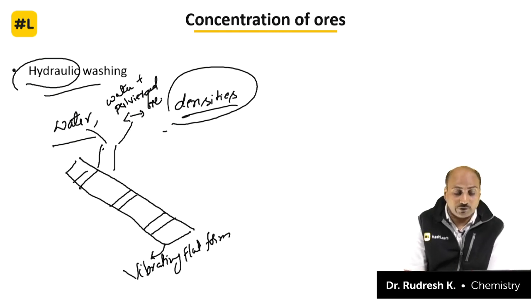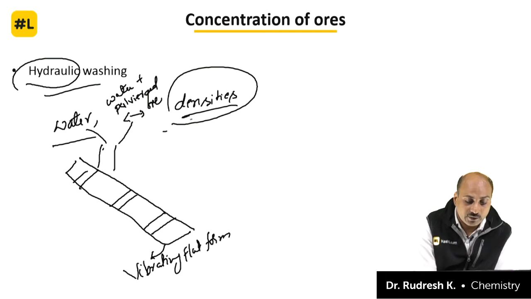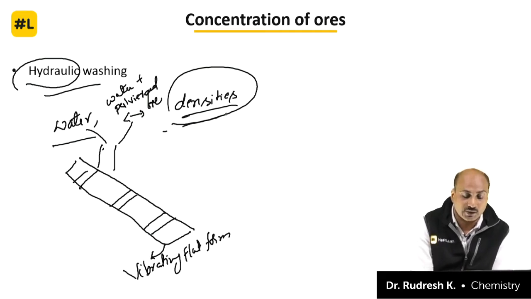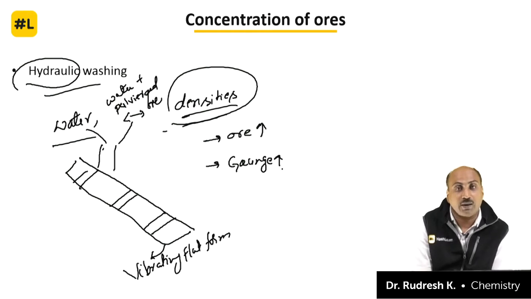Now what happens? If I want to use this method, you have to remember there should be a density difference. What is the density difference between each? The ore may have higher density, or the gangue may have higher density. If both have higher densities, or comparable densities, we cannot use this method.